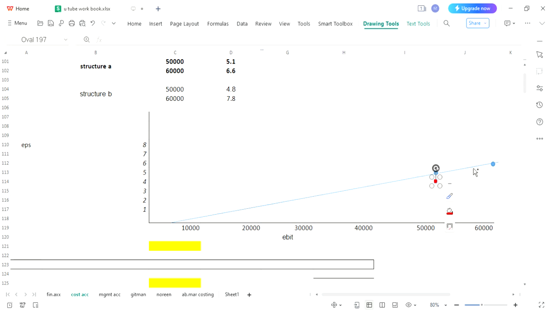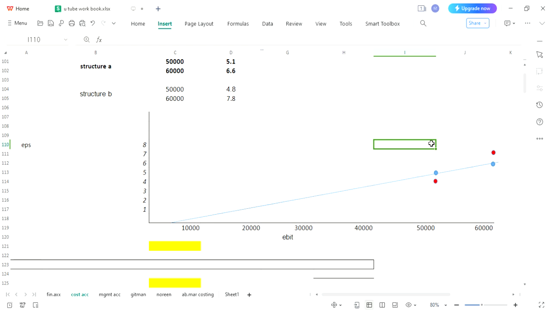First point I have seen, and now second point. For that we need to go to 60,000 and 7.8. 60,000 we have reached, and 7.8 line is this, and let's take it over here. 7.8 would be just down 8 point. So two red lines are present over here.